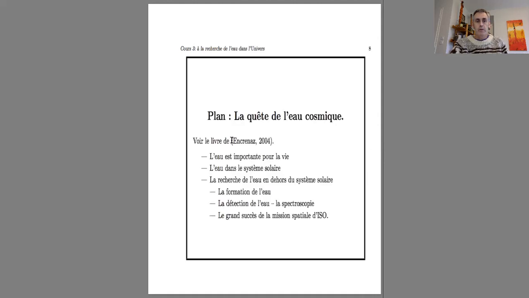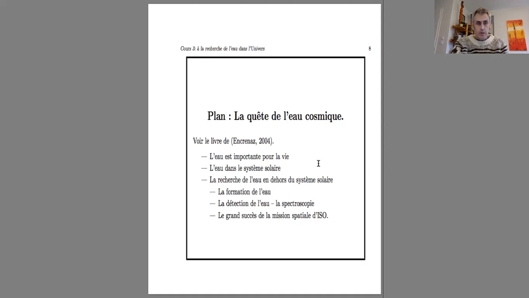And I'm using this book by Onkranaz as a main reference, and also this website of a satellite mission by ESA to study water in the universe.